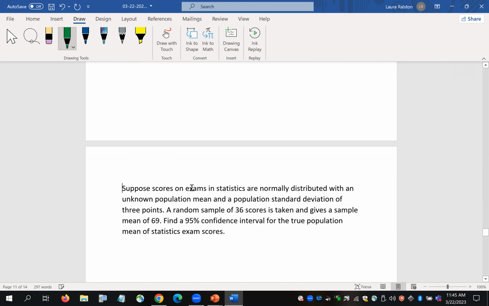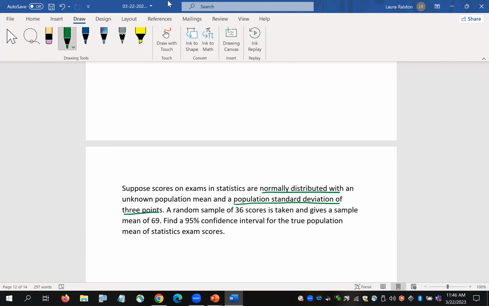Okay, so this one says, suppose scores on exams in statistics are normally distributed. Okay, so I'm told that I have a normal distribution with an unknown population mean and a population standard deviation of 3 points.